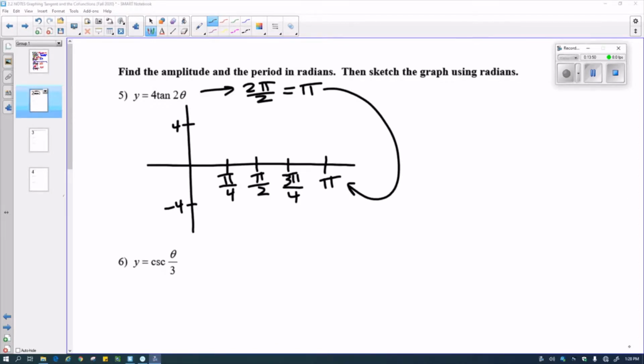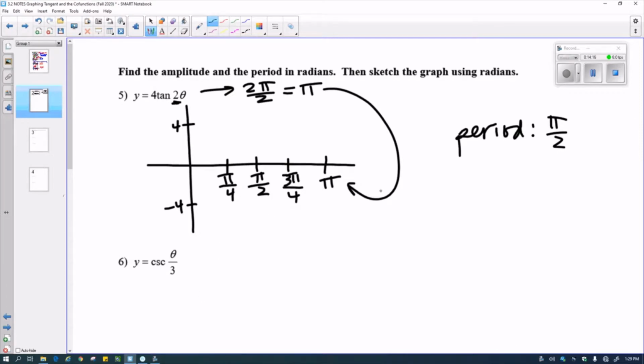So I numbered my graph. I just took the 2 pi over 2. I took the number in front here, this 2, and used that to get my last value. The period of this graph is half of that end value, so the period of this graph is pi over 2. Now let's get the parent function for the tangent on there.